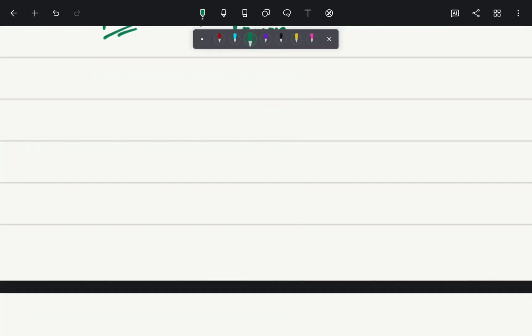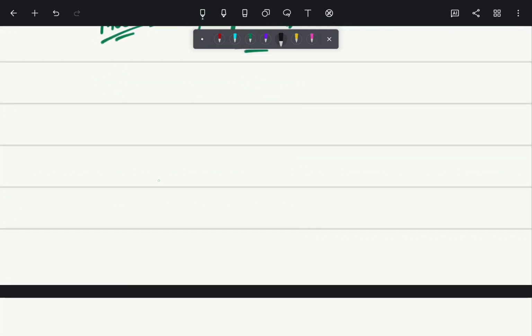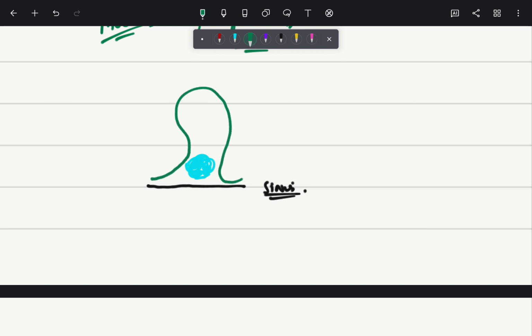Okay. Now once again I will draw this diagram here. So this is the sinus wall, and due to edema the mucosa is a little bit prolapsed. This is the prolapsed mucosa. Now can you see there is a stalk?